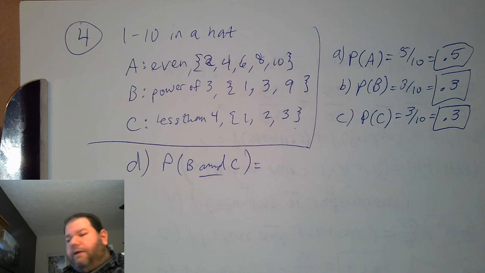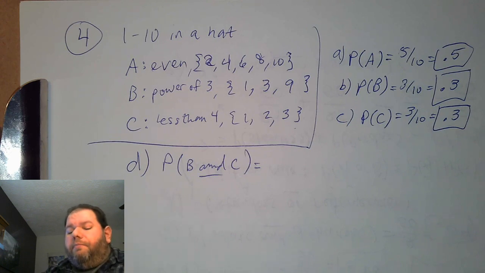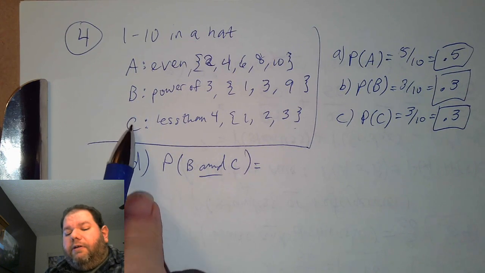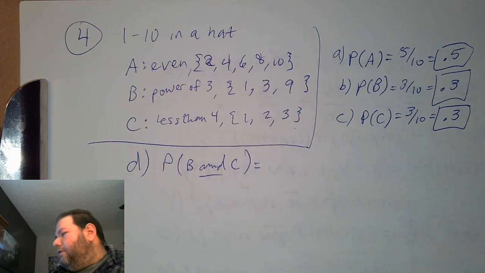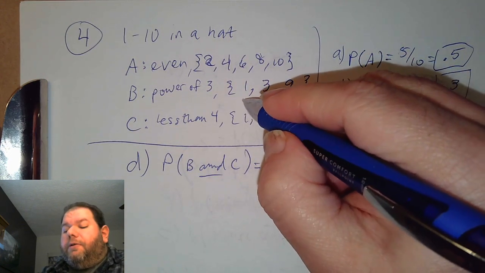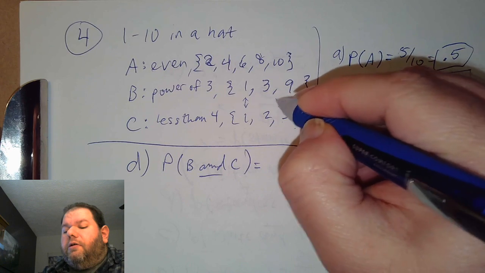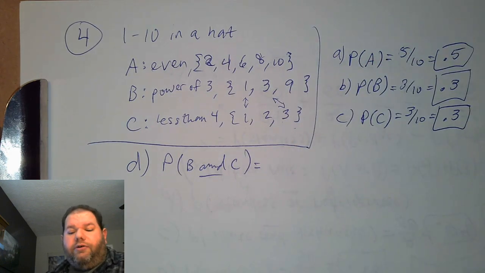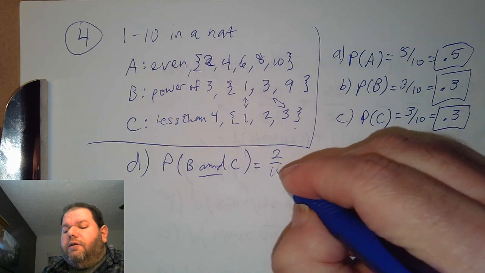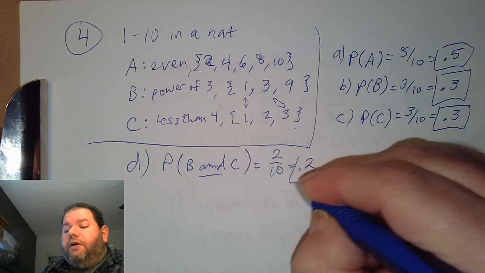How many would that be? Zero? There's more than zero. Two? Make sure you're looking at B and C, Daviana. Yeah, 1 and 3 are both in common. So that's two numbers that they share out of 10, or 0.2 probability of that occurring.